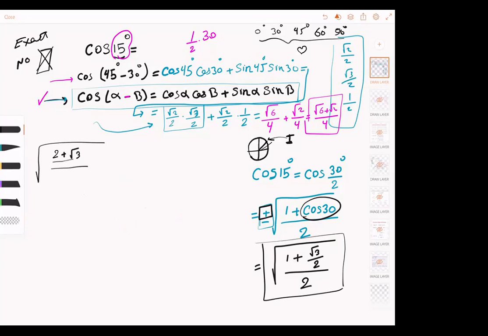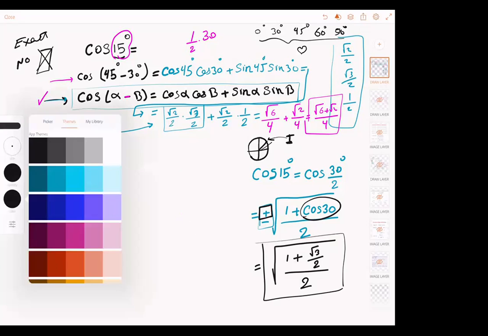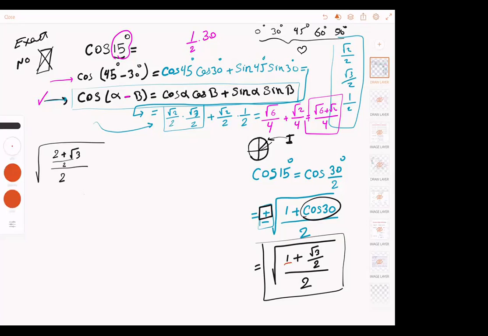What did I do? I find the common denominator. This is 1, so I multiply by 2, multiply by 2. I got 2 plus radical 3 over 2, equal to radical of 2 plus radical 3 divided by 4. 2 times 2 is 4. That's what we get.